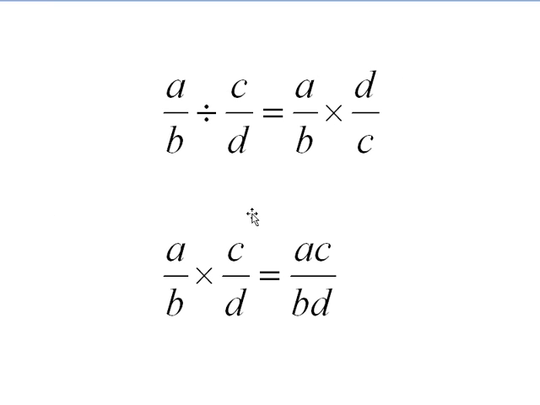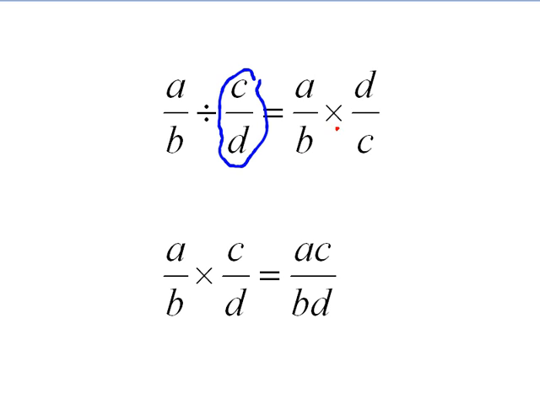Let's take a look at a couple of the rules first. When you're multiplying a fraction times a fraction, you just multiply across: AC over BD. However, when you divide, what you need to do is take this and flip it.